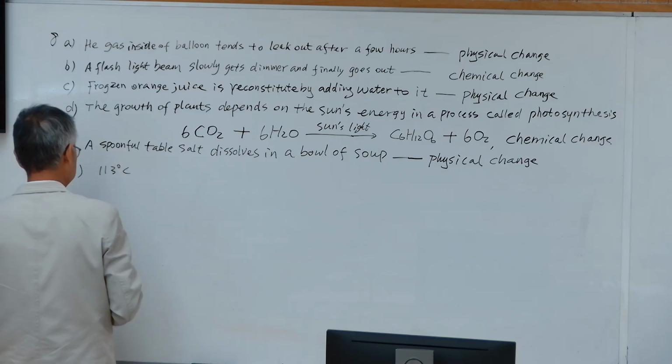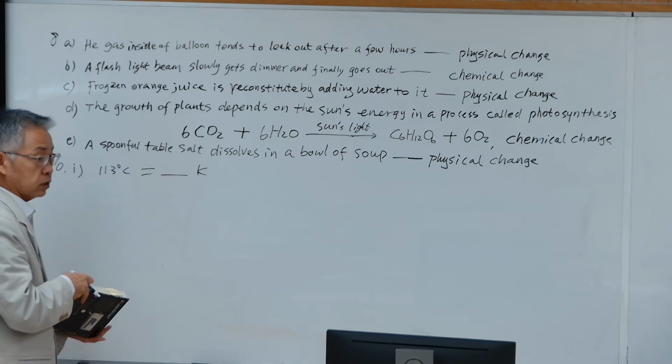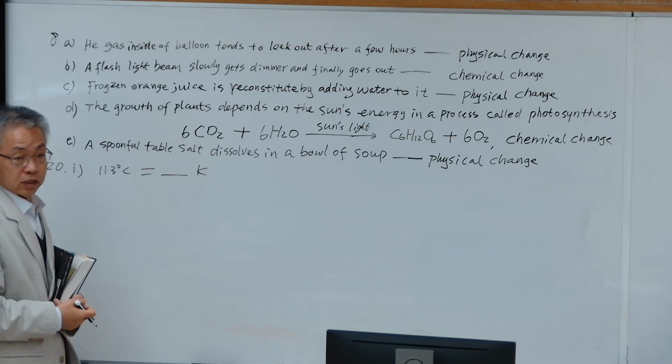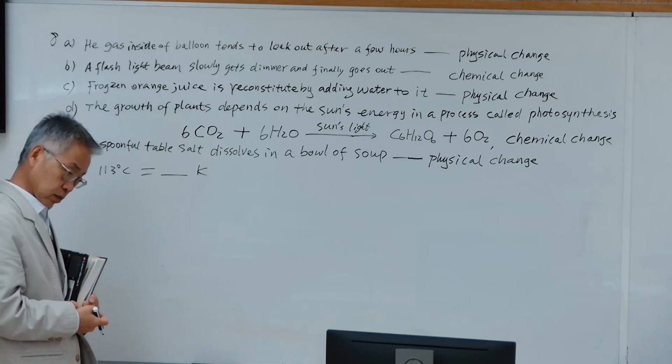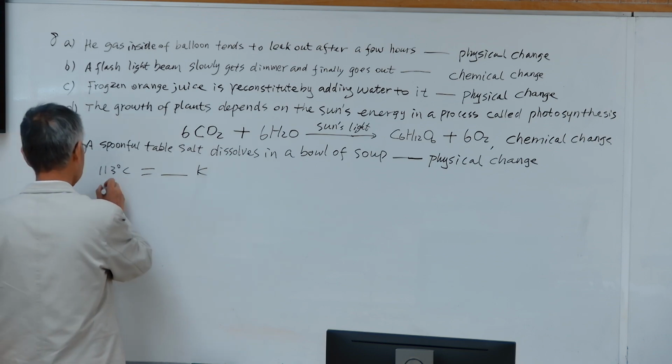A: 113 degrees Celsius to Kelvin. Each degree in Celsius is the same as each degree in Kelvin, but their starting points are different.